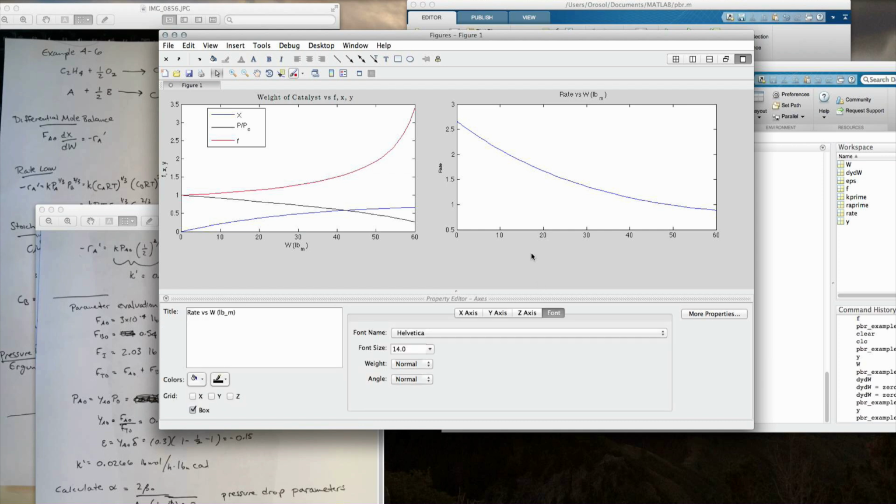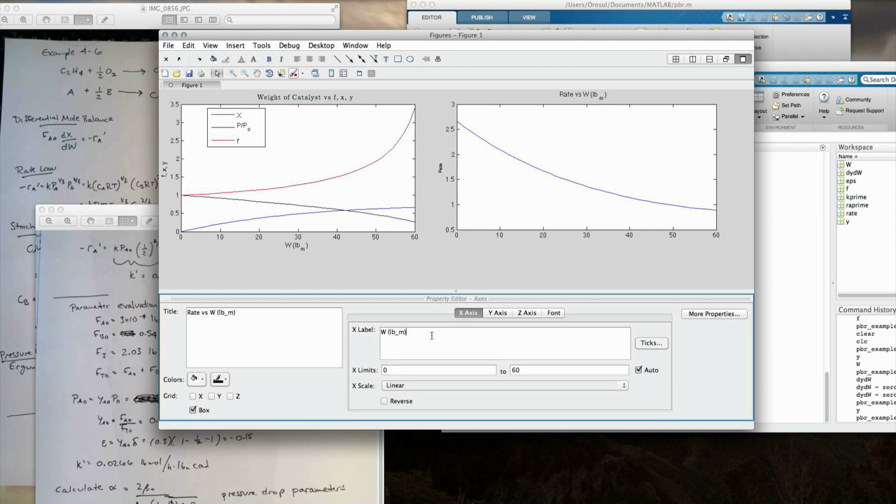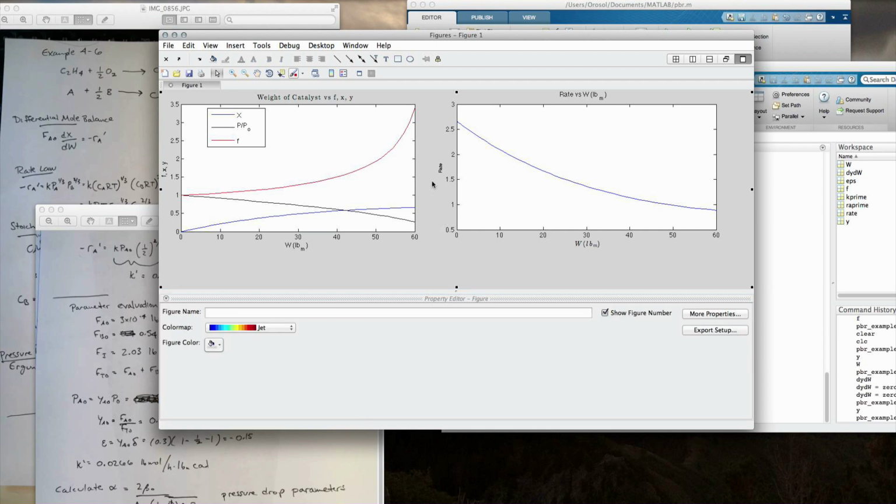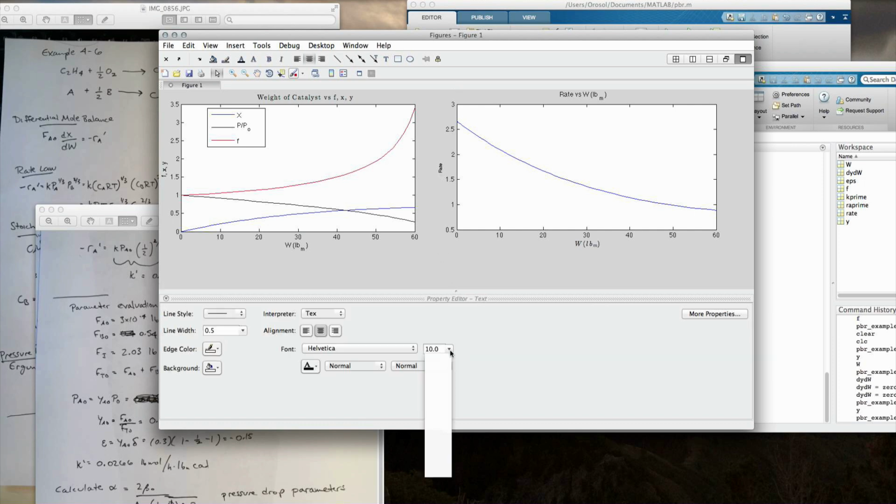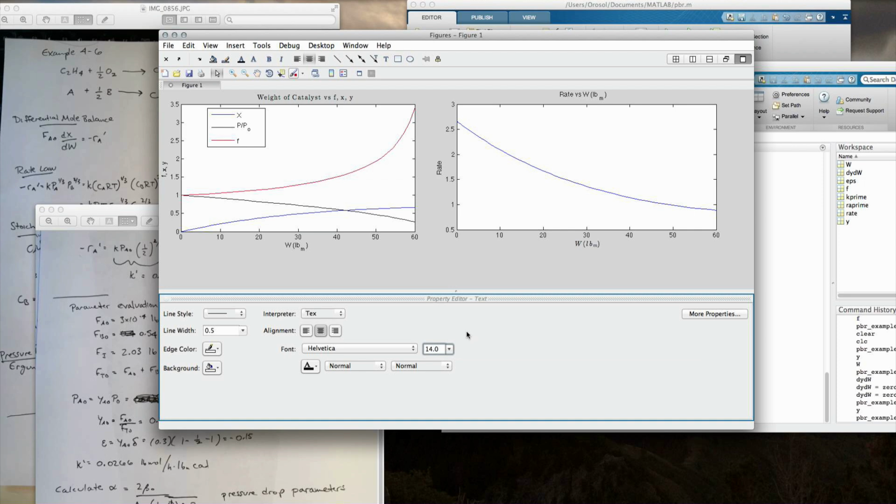So the way I can get back to the x-axis is I click on this, and then I have x-axis, y-axis, z-axis. So x-axis. Oh, it's okay. This is where you need to put this in, because I changed it to LaTeX from TeX. And then I'm going to change this to 14. All right.